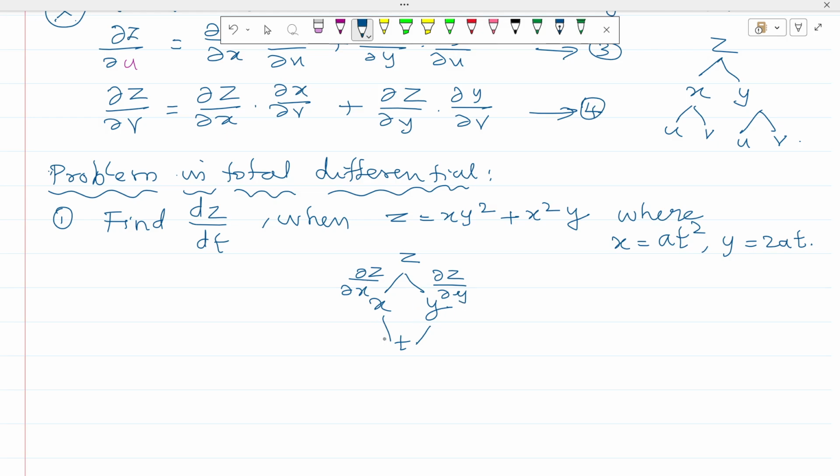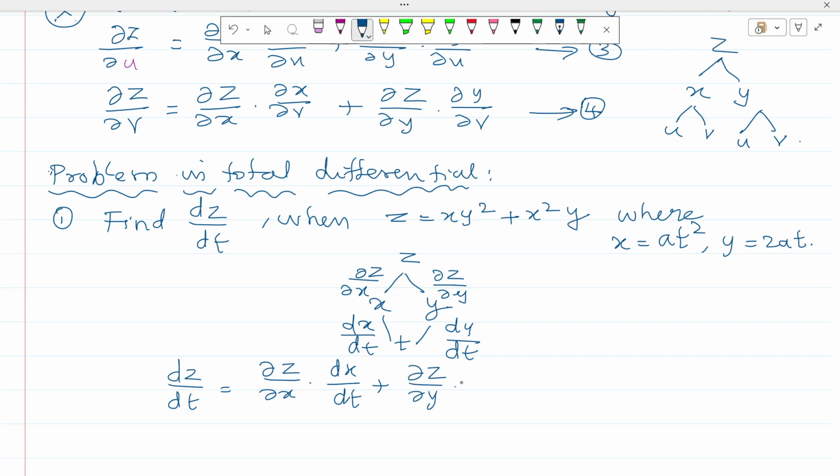But x and y are functions of only one variable, so you can find dx by dt, dy by dt. So here we can write the dz by dt formula: dou z by dou x into dx by dt plus dou z by dou y into dy by dt.